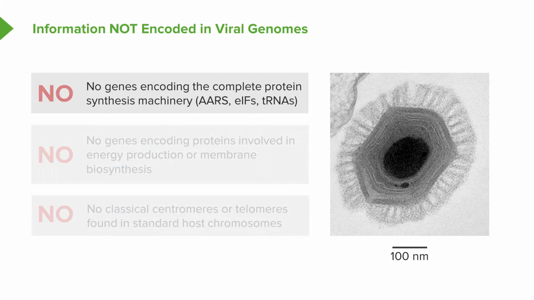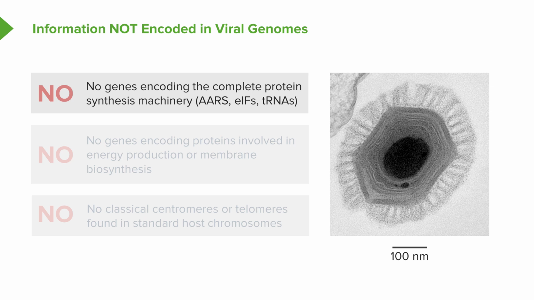We do know what is not encoded in a genome. There are no genes encoding a complete protein synthesis machinery. That's why viral mRNA has to be ready for host cell translation. Some viral genomes do contain genes that encode components of the translation system, like aminoacyl tRNA synthetases, initiation factors, and even transfer RNAs.